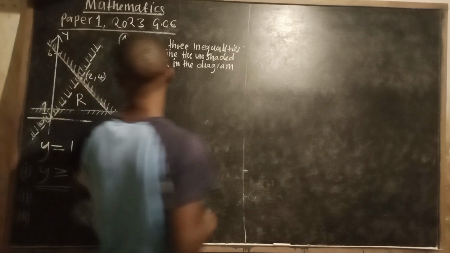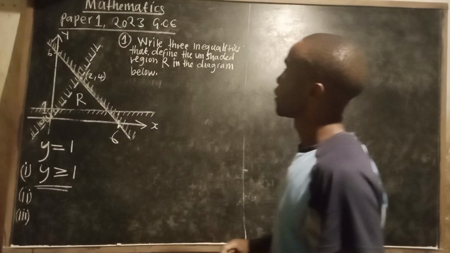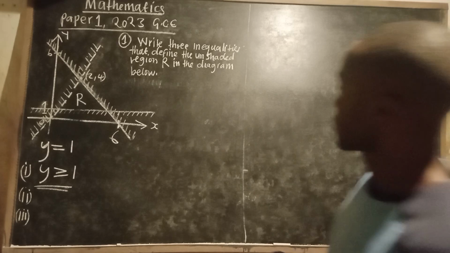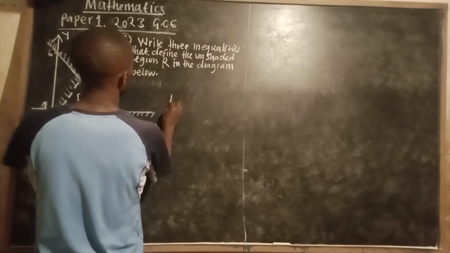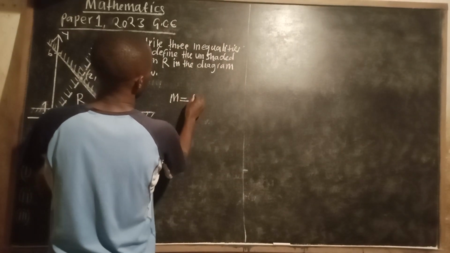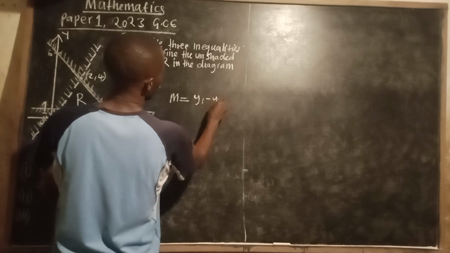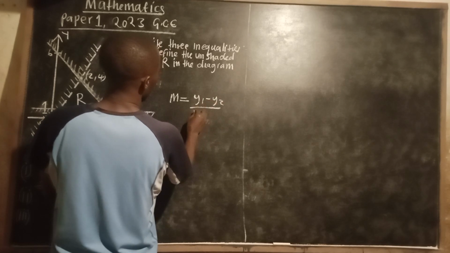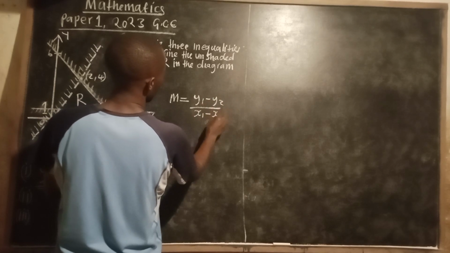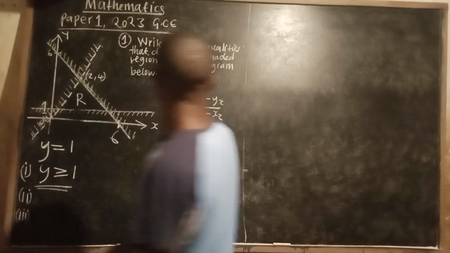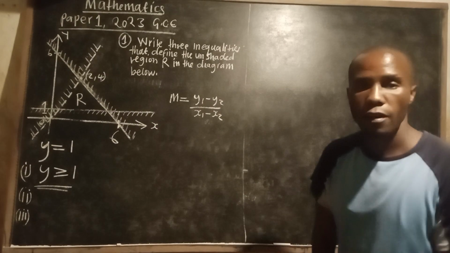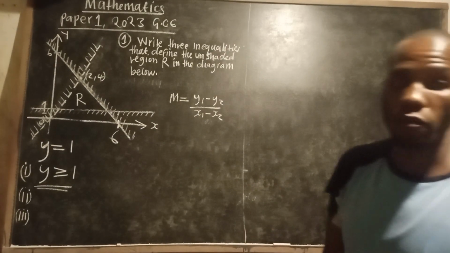So for this one now, how do we find the gradient? The gradient is equals to y1 minus y2 over x1 minus x2. Okay, so that's the formula for gradient.